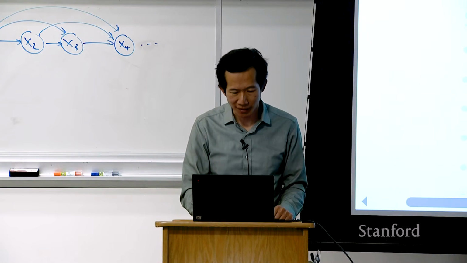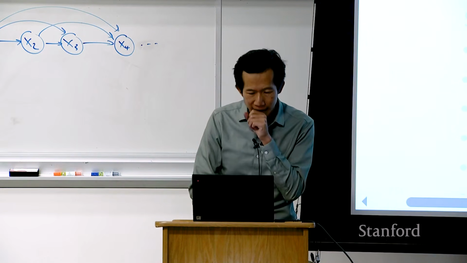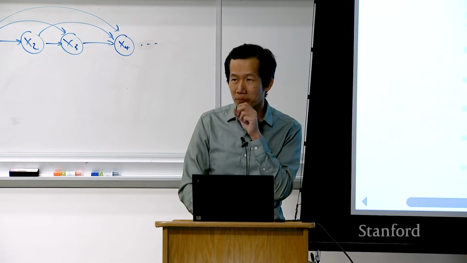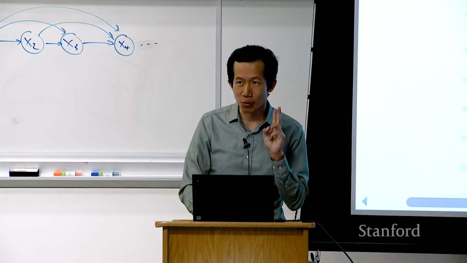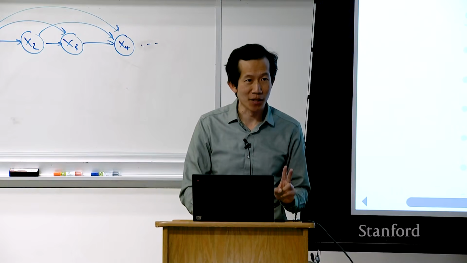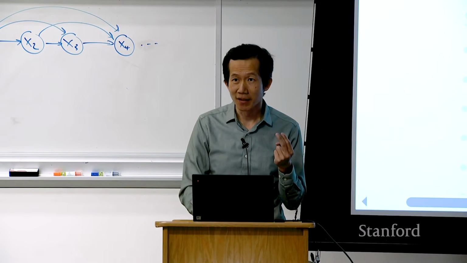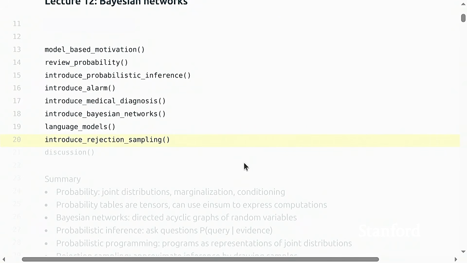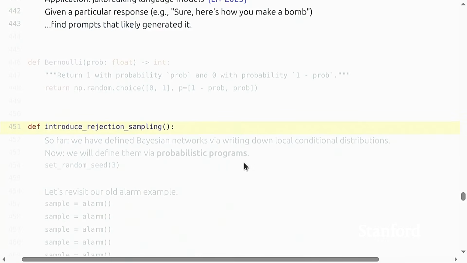I just want to pop that example there so that you can see how this topic might connect to some more modern ideas. In the last 10 minutes, I'm going to talk about two things. One is a different way to think about Bayesian networks, and that's going to allow us to do something called rejection sampling for approximate Bayesian inference. So far we've defined Bayesian networks by just writing down local conditional distributions.